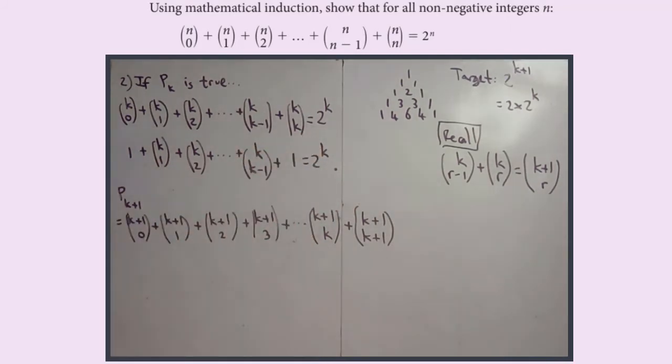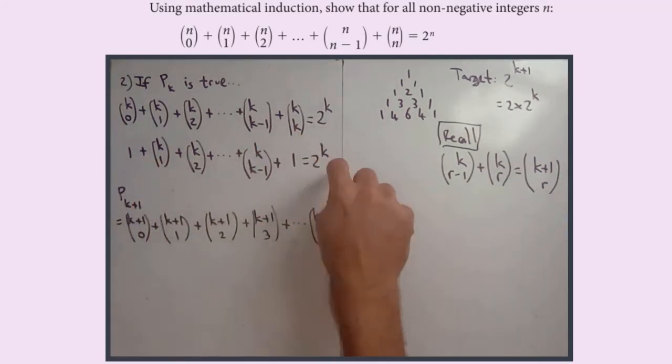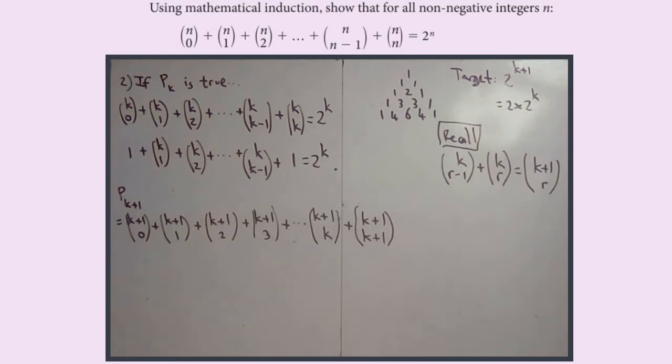We can turn it into 2 to the power k, so we can't do that if we've got k plus 1s at the top.